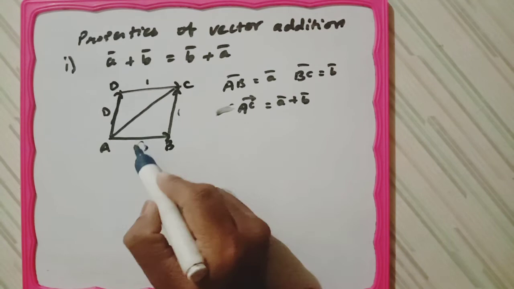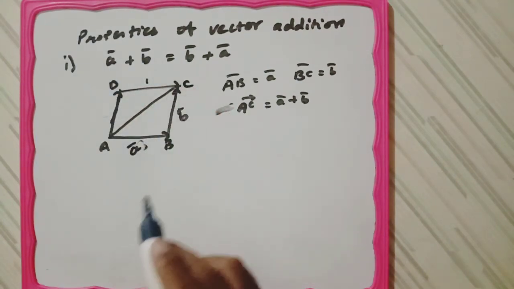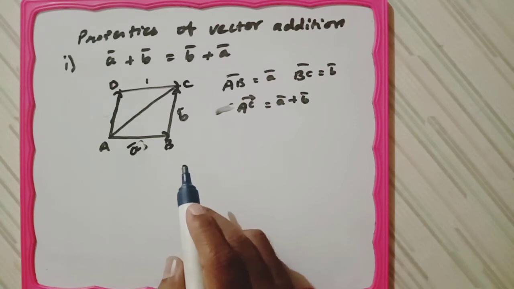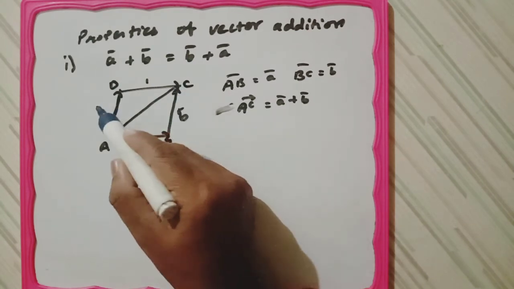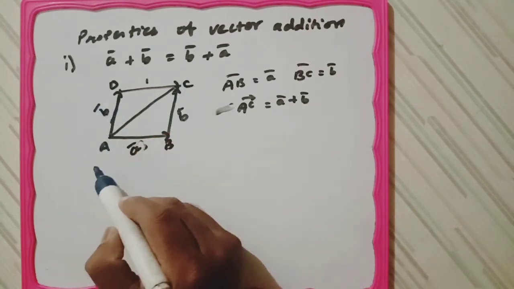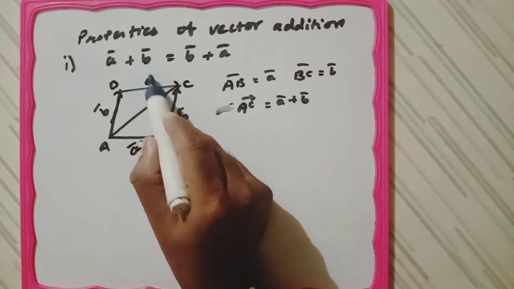Now we know that AB is A bar and BC is B bar, and the opposite sides of a parallelogram are equal and parallel. So the BC magnitude is B bar, so the AD magnitude will also be B bar and the CD magnitude will be A bar.